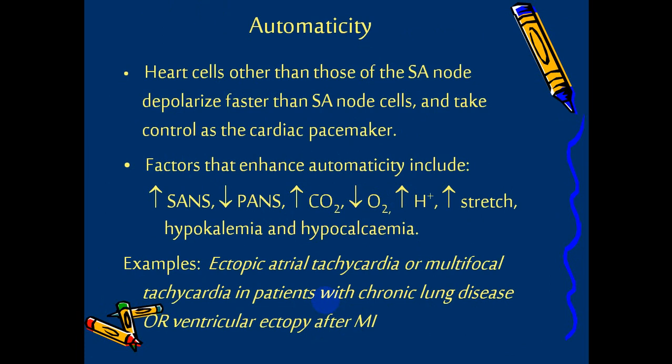What factors enhance automaticity? These include increased sympathetic nervous system activity, decreased parasympathetic nervous system activity or vagotonic state, increased carbon dioxide concentration, hypoxia, decreased oxygen concentration, an increase in the pH, increased hydrogen ion concentration, a decrease in the pH or acidity, and stretch in the chambers of the heart, like left atrial enlargement, as we discussed in mitral valve disease or cardiomyopathy.